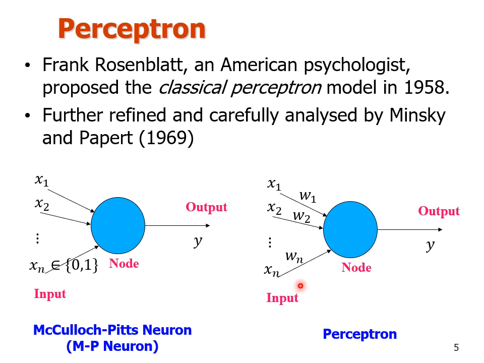The perceptron has a learning algorithm to learn the parameters like threshold theta and the weights. So these are the main differences between MP neuron and perceptron.